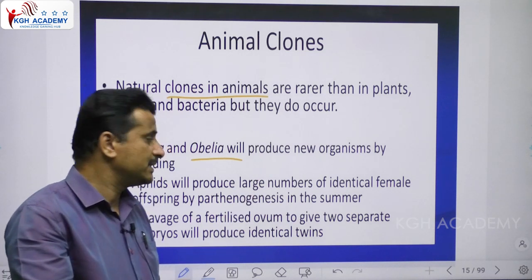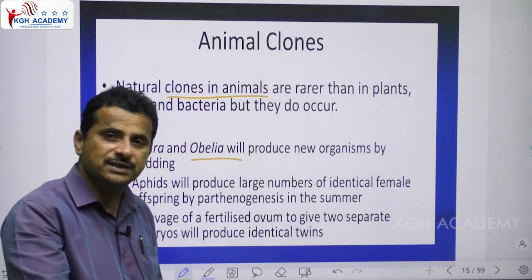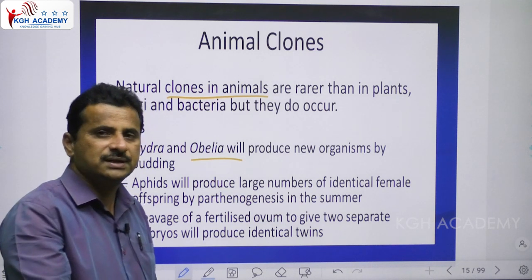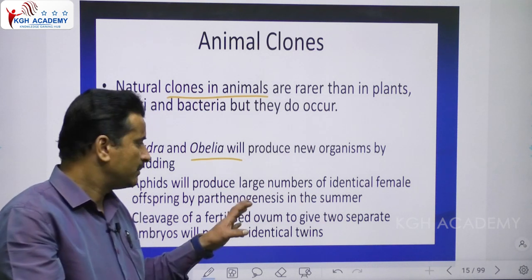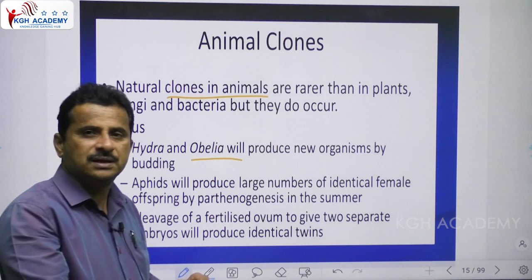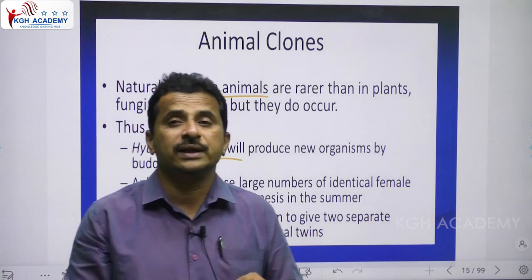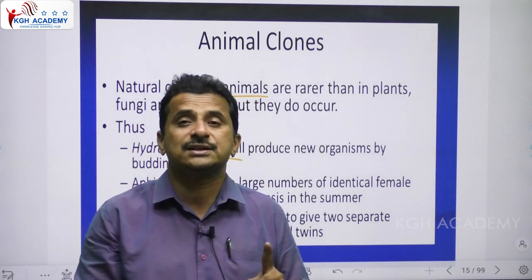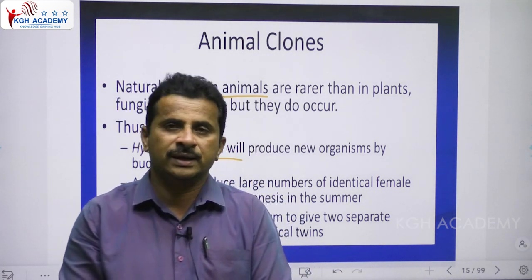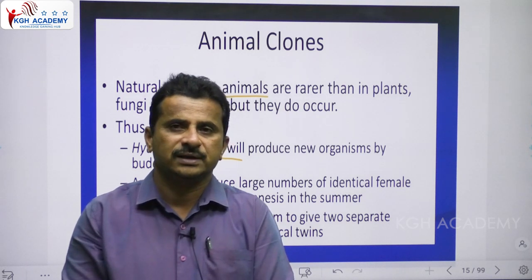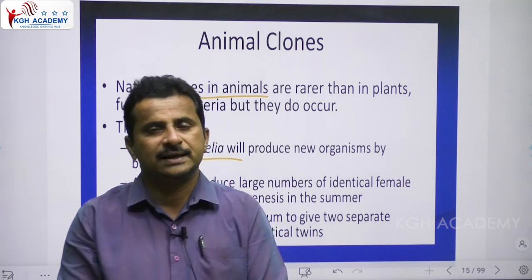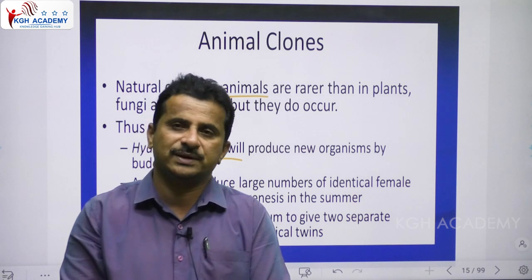Parthenogenesis means virgin genesis, organisms produced without fertilization. Without fertilization means they look the same. That's why cloning in animals is called asexual reproduction. Cloning in any animal, particularly higher animals, is equal to asexual reproduction.